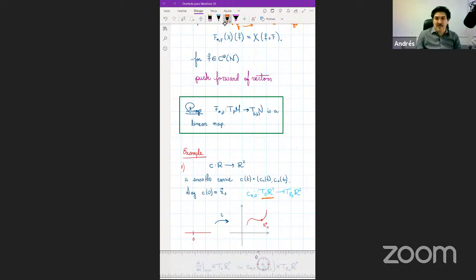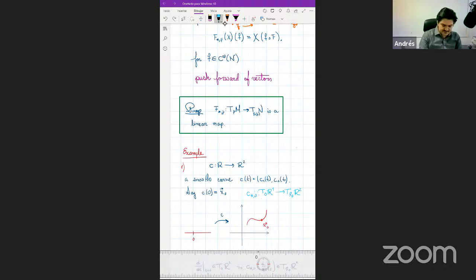That's what we saw yesterday for the tangent space, a basis. Remember that on Euclidean space, we have canonical coordinate functions, and that will give me a canonical basis on the tangent space at each point. In dimension 1, usually we write d over dt instead of d over dx.